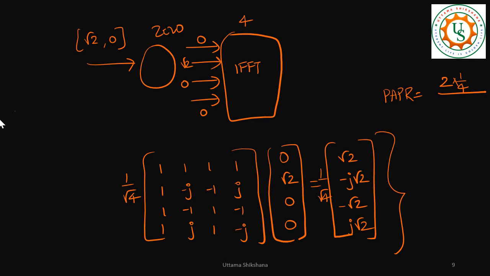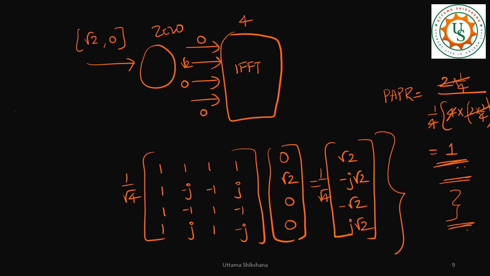Then average power: we have 4 samples, and each of the samples has almost the same magnitude, 4 into 2 into 1 by 4, correct? So 4 gets cancelled, and the numerator and denominator get cancelled. It is equal to almost 1. In this particular example, the PAPR is almost equal to the BPSK system, right?